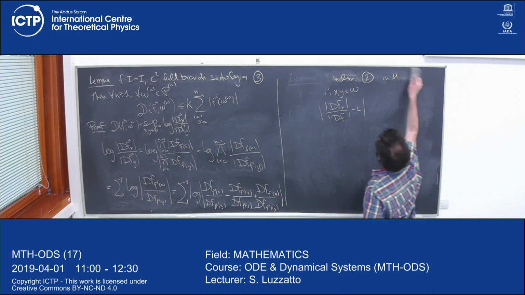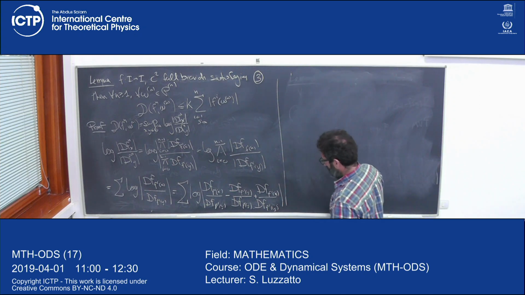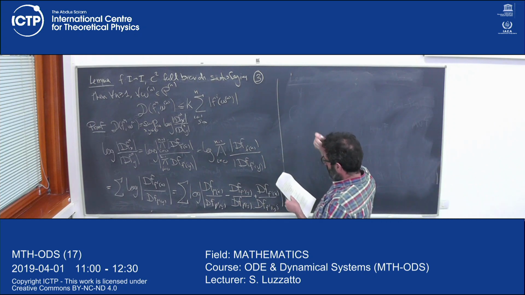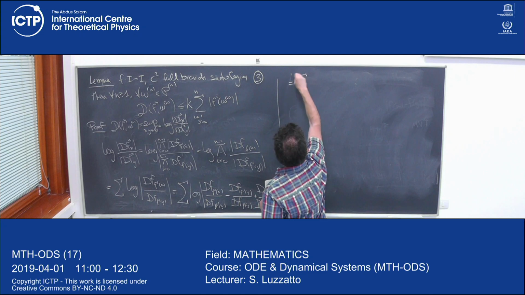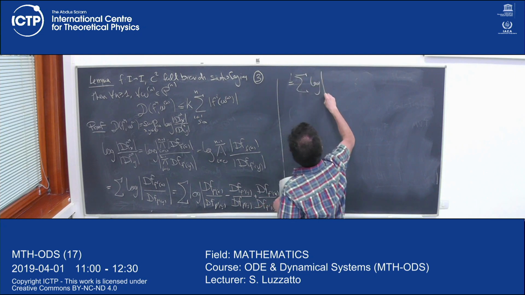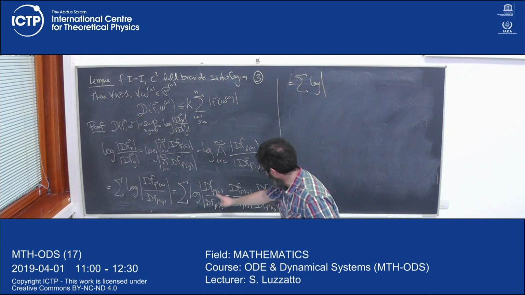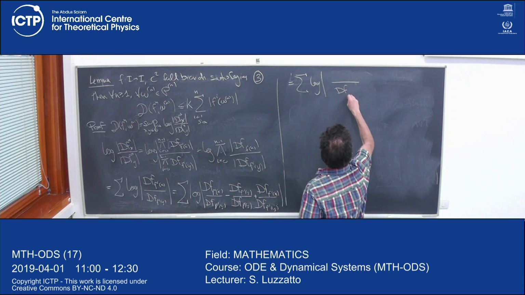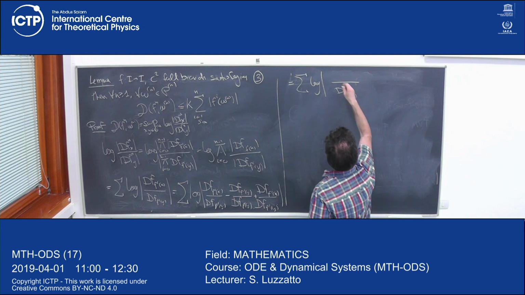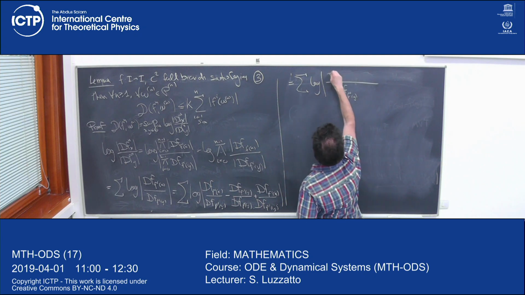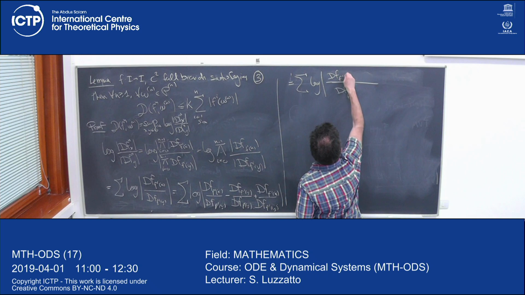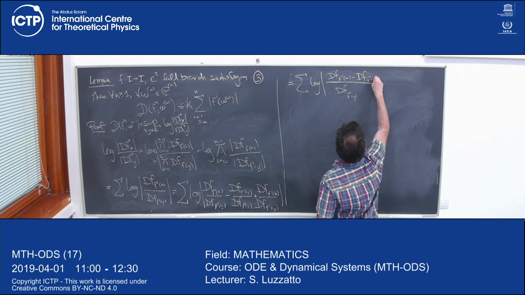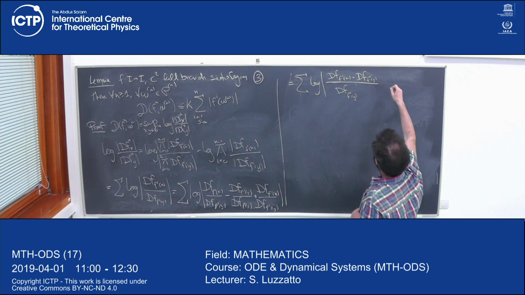So this is equal to the sum of the logs of, here I combine this with this numerator, so this is df(f^i(y)) in the denominator, and here I get df(f^i(x)) minus df(f^i(y)) plus 1.